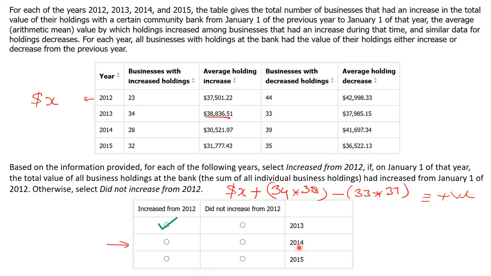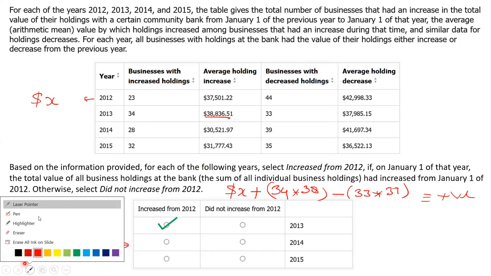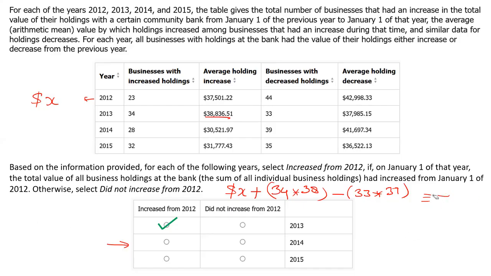Now, notice what would give us 2014. Notice this, this was on 1st January 2013, correct? And what happened in 2014? Very nice.